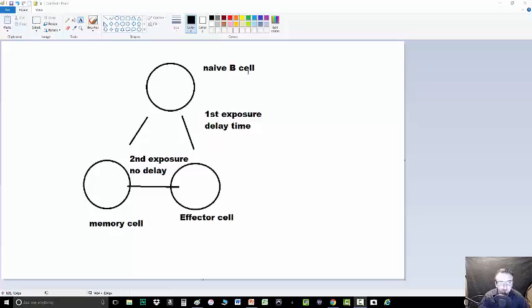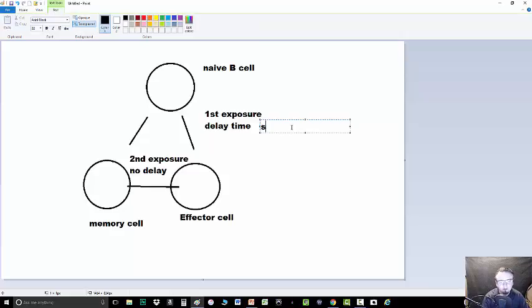I was talking about a naive cell, in this case a naive B cell, so they've not yet been activated. They're experiencing the antigen for the first time. And what's going to happen is that they're going to go through the expansion, and they're going to produce memory cells and effector cells. But the first time this happens, there's a delay, and it doesn't take place very quickly. And again, I said that this leaves the host susceptible.